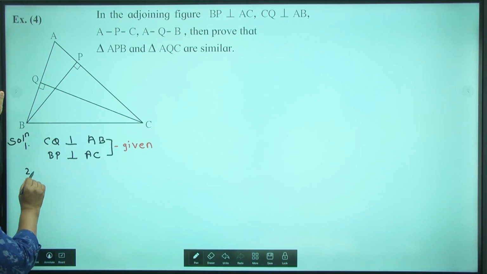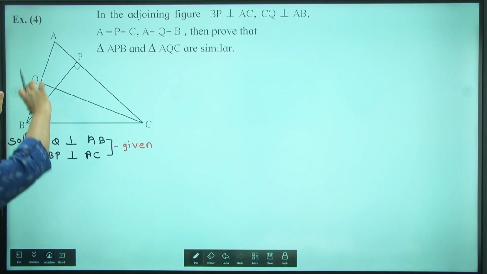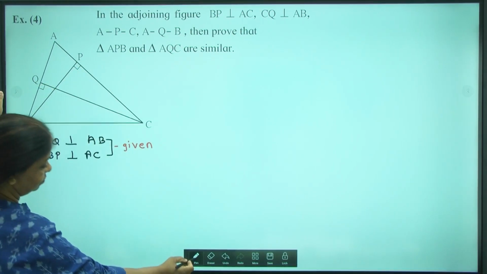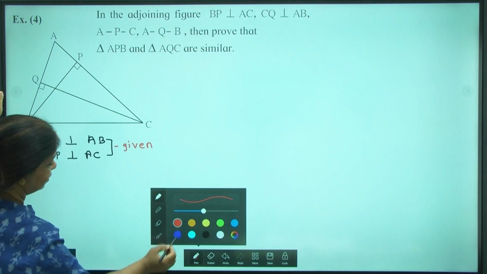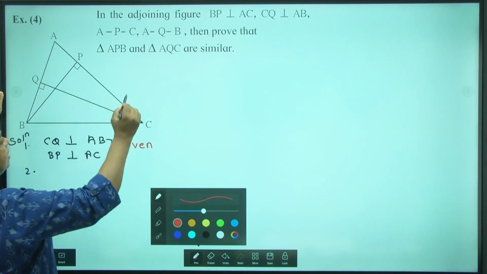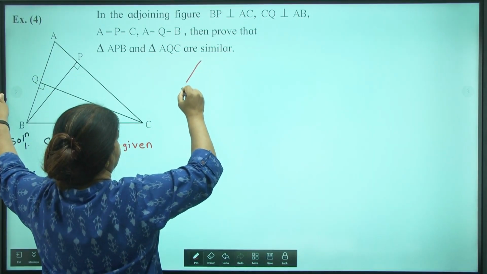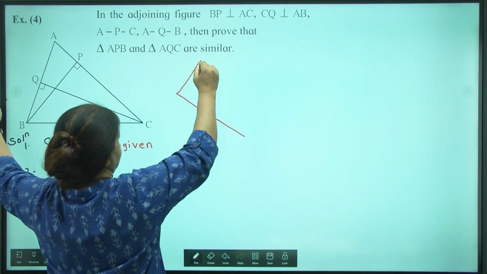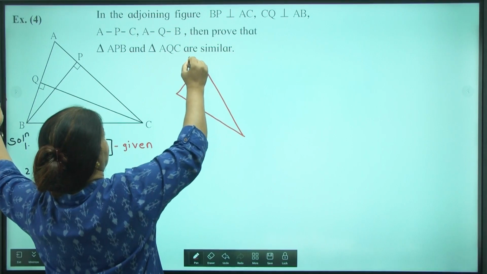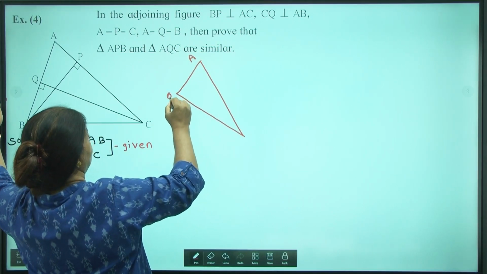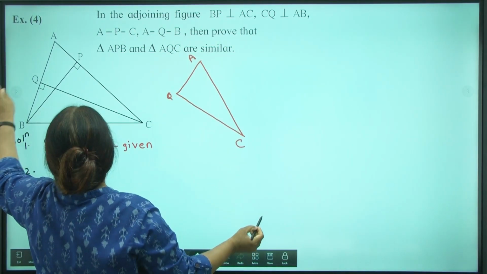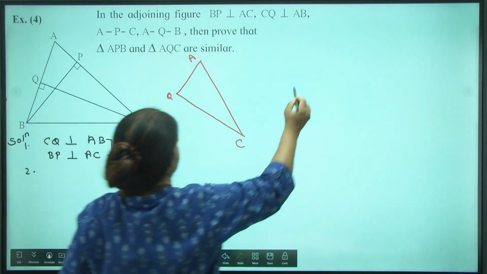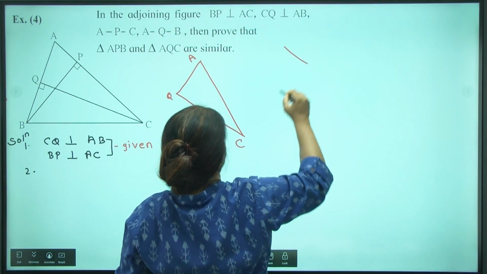Second statement. Now let me draw this triangle out separately. AQC and APB.